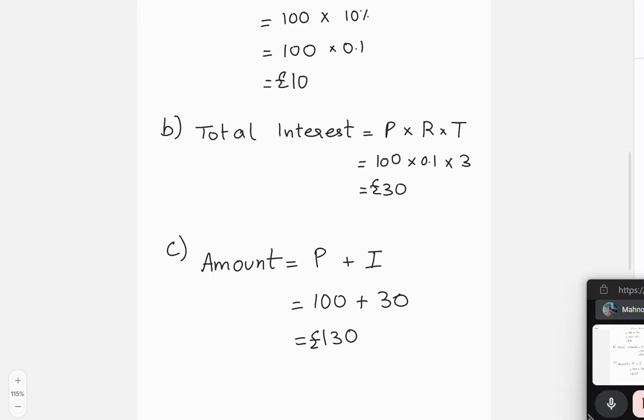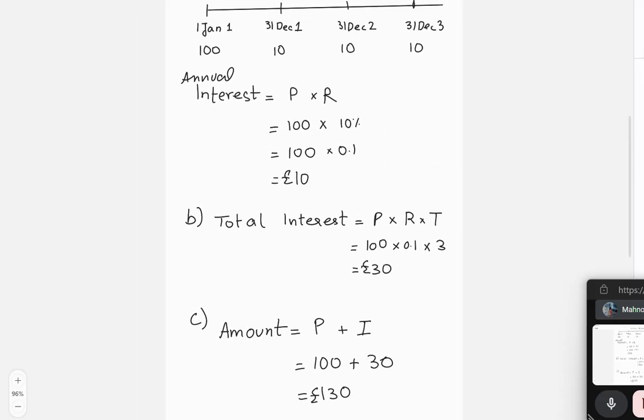So when they ask you for annual interest, you're going to use just principal multiplied by the rate. If they ask you to work out the total interest, which we represent by letter I, it means you need to multiply the principal with the rate and then the time. So basically, the interest for all of the years that you are investing the money for.